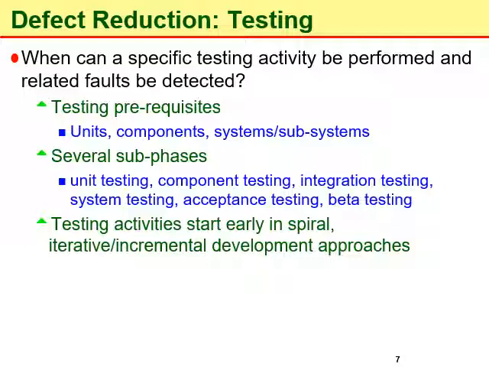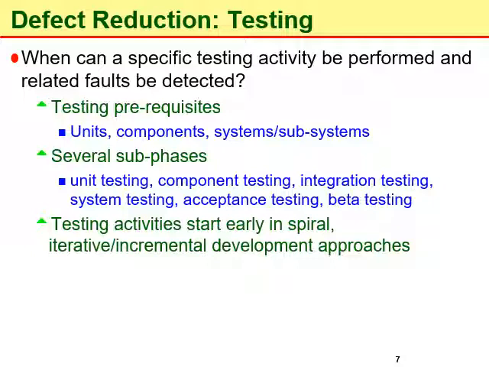The observation of failures can be associated with these individual subphases, and the identification and removal of related faults can be associated with the corresponding individual units and components of the complete system.